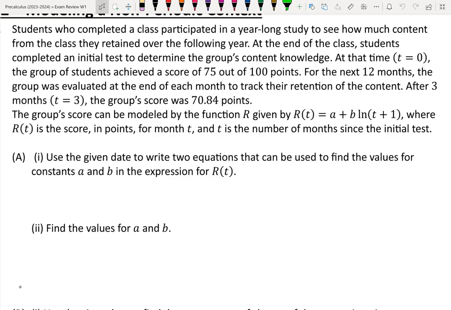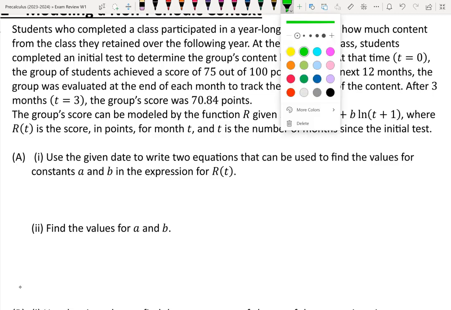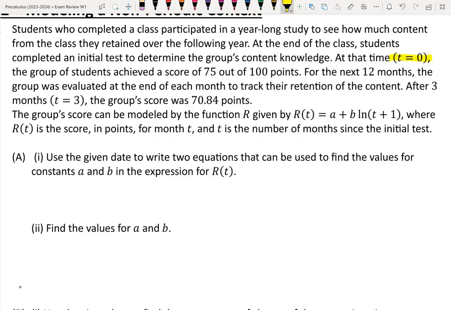It says at the end of the class, students completed an initial test to determine the group's content knowledge. At that time, t equals 0, the group achieved a score of 75. I'd say that's probably an important piece of information right there. So at t equals 0, we had an average score of 75.